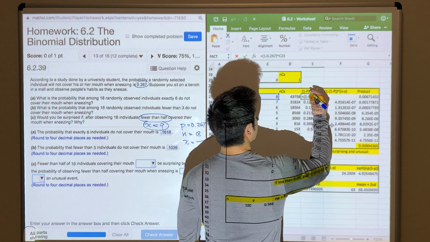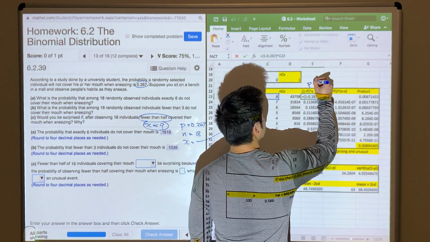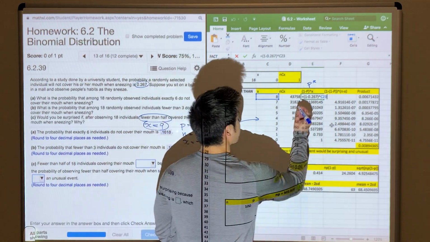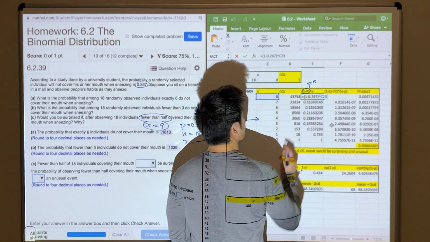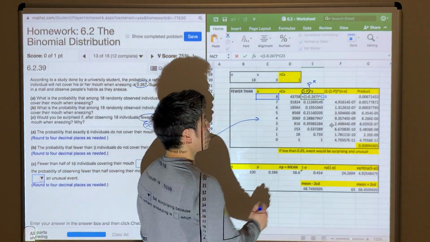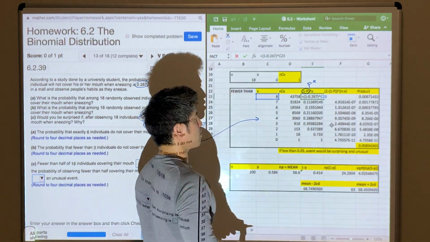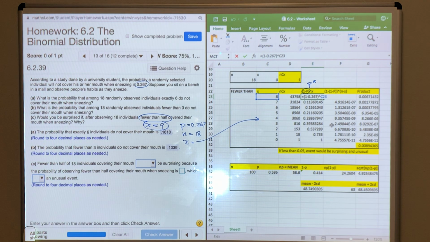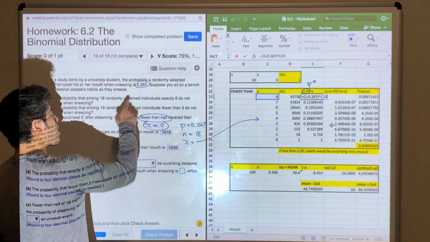That's the way we've been doing it all class long. But what happened here? We need to substitute 1 minus p for that. So instead of just taking your p value, you need to put in whatever 1 minus p is.